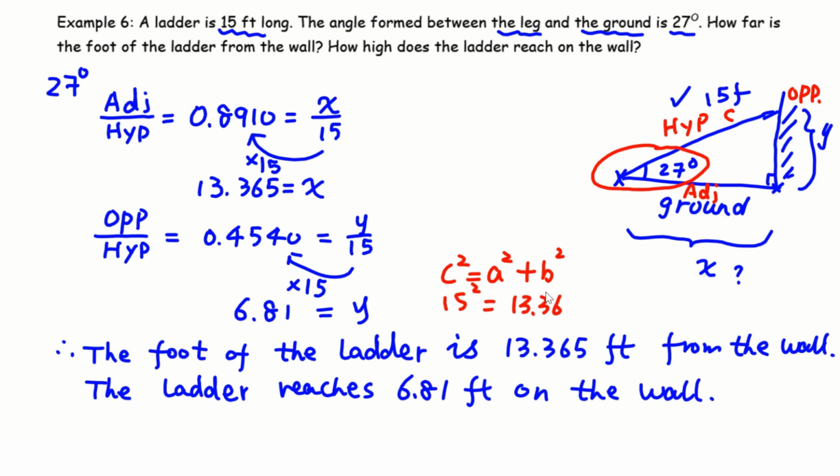Okay, it should give you the same answer. So y squared, then y equals square root of 15 squared minus 13.365 squared. Use your calculator, you should have 6.81.